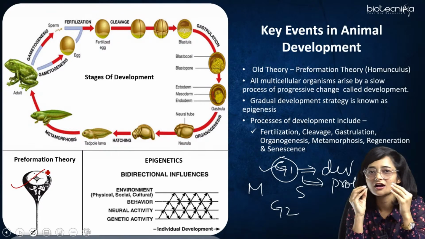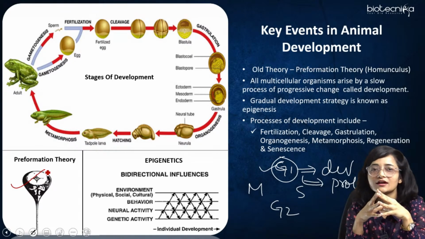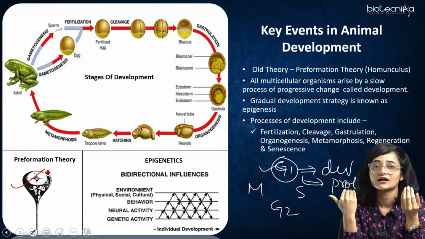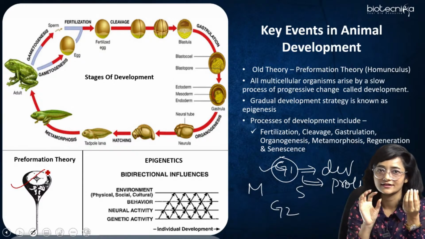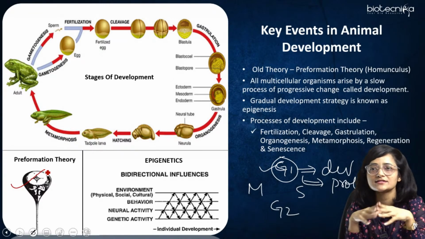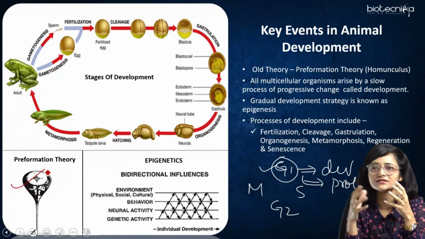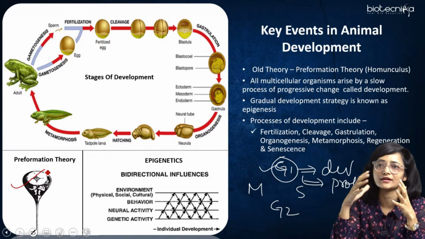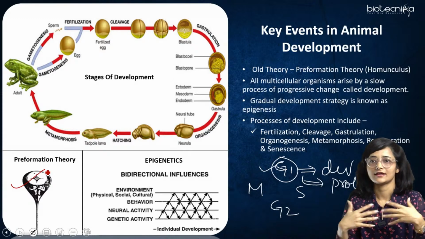So according to the pre-formation theory, whatever things are required for us to develop into an organism are already present inside the sperm in a tiny form. And then when growth happens, this tiny little person gets developed into a full organism like us.